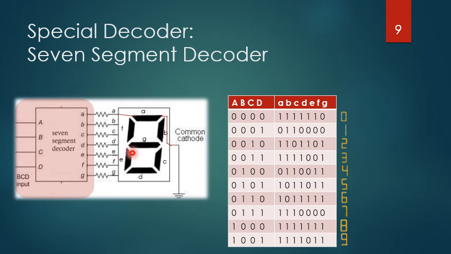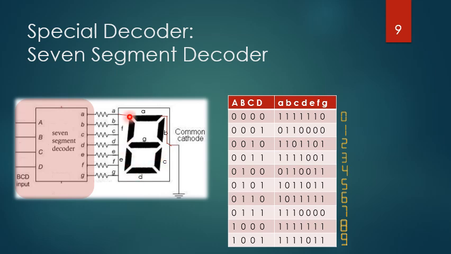If it is receiving 0000 as a binary number at the input side, then it will display a 0, where the output should only activate segments A, B, C, D, E, F.